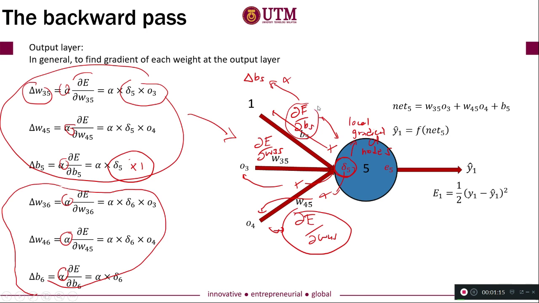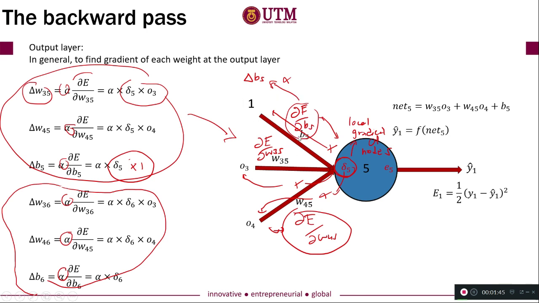In order for you to find each and every parameter involved in every neuron inside the output layer, you can use this formula. To find del E over del B, you just multiply the delta of that neuron with the input going toward that line.